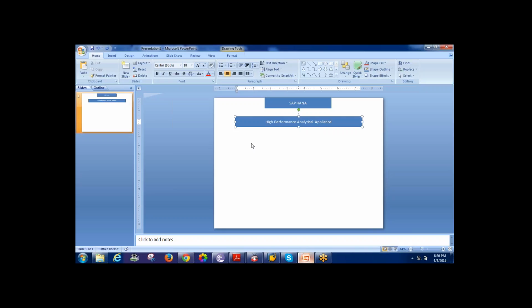To understand and appreciate the functionality of the HANA database, first we need to understand what a regular database is and how it is different from the HANA database.